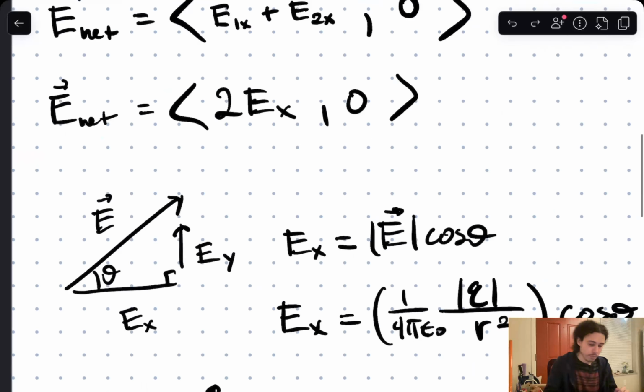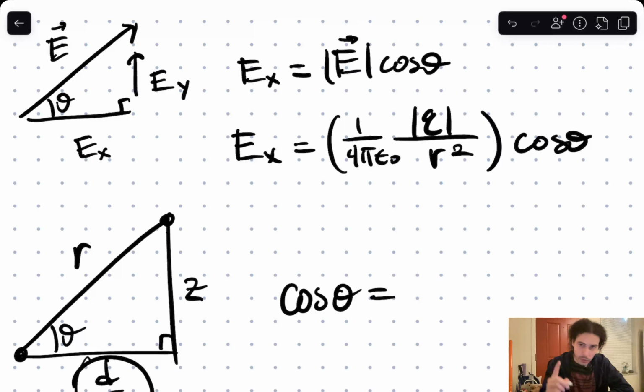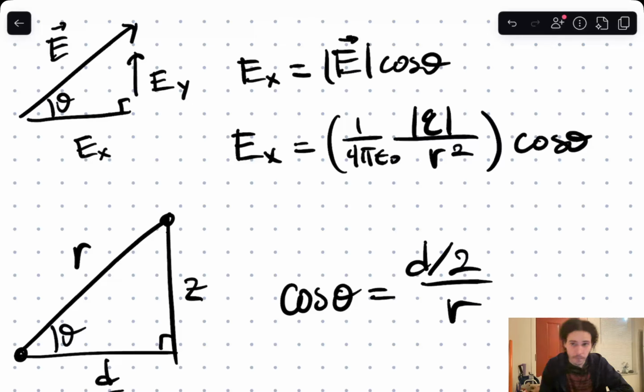And according to trigonometry again, cosine theta is defined as adjacent over hypotenuse. Opposite would be this one, because it's opposite to this angle. In this case, d over 2 is actually adjacent to the angle. I believe that's the logic. Yeah, it'd be d over 2 over r.